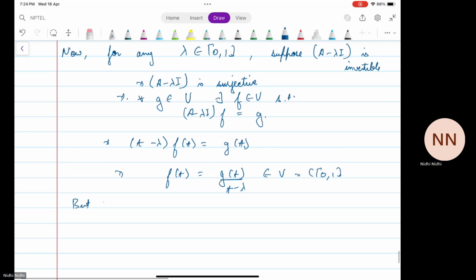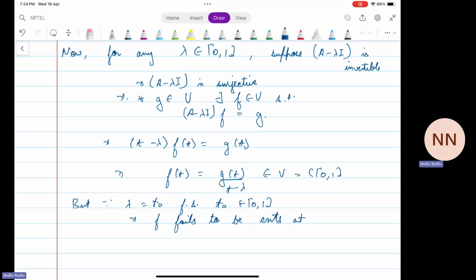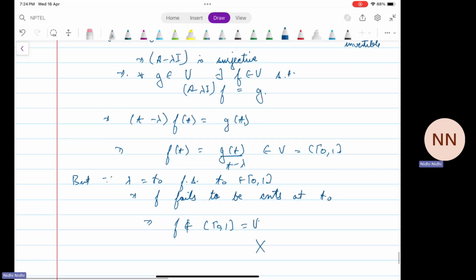But since lambda is equal to t naught for some t naught belonging to closed interval 0 to 1, f fails to be continuous at t naught. This implies f does not belong to C[0,1], which is V, which gives us a contradiction.